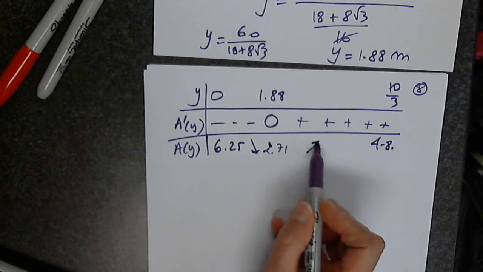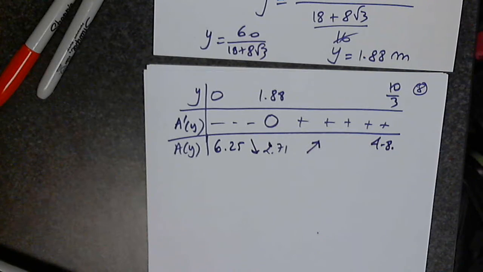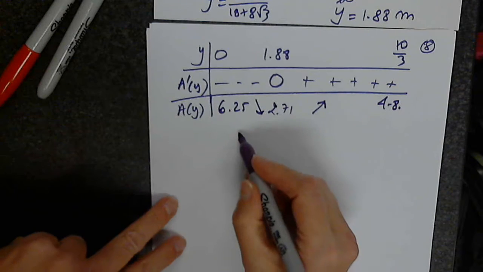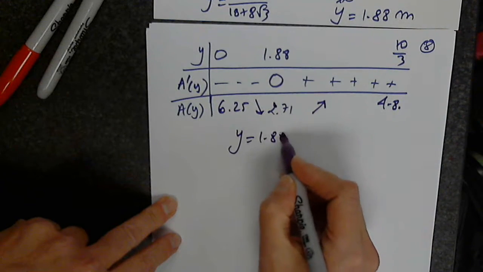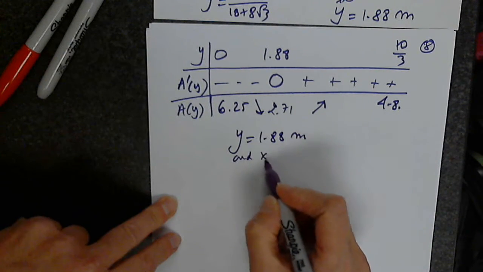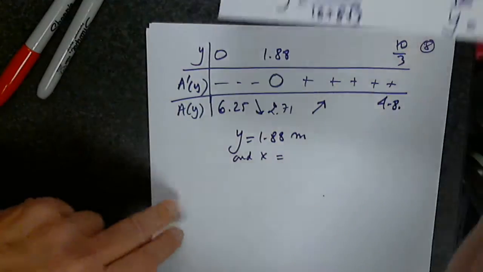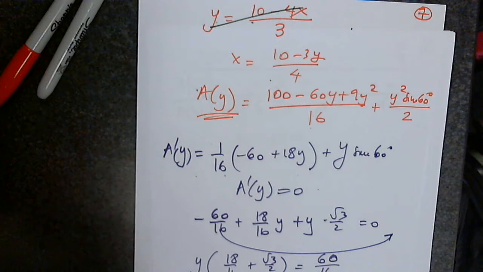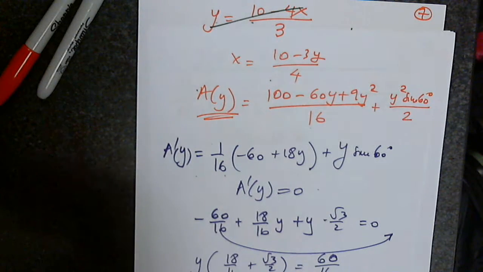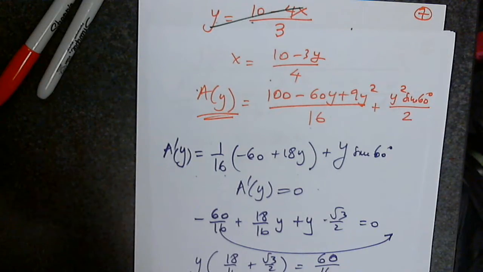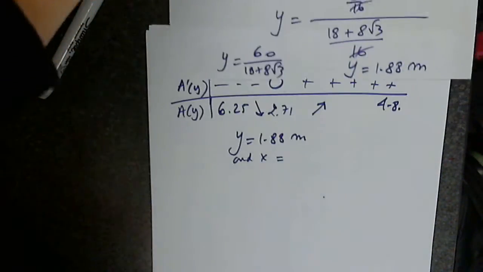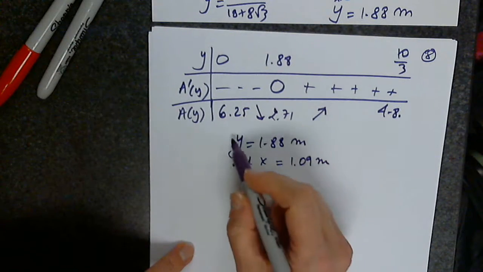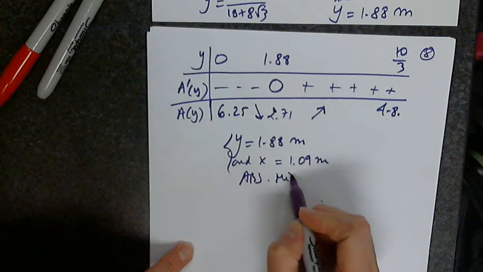So down and up. So I know that this is the absolute minimum when y equals 1.88 meters and x equals, I have to calculate x. So 10 minus 3 multiplied by 1.88, and at the end, after I calculate, 1.09. And x equals 1.09 meters, absolute minimum.